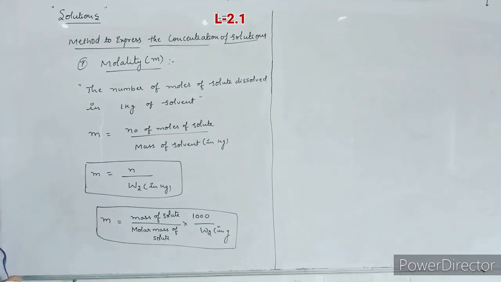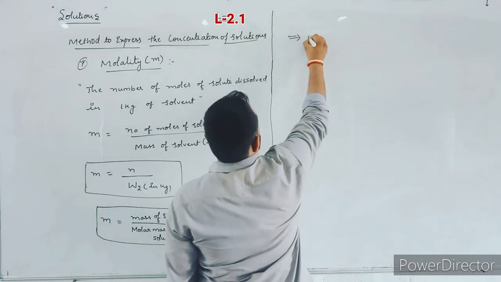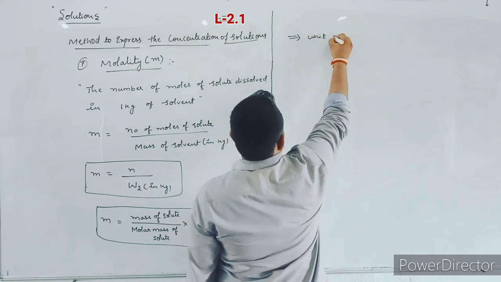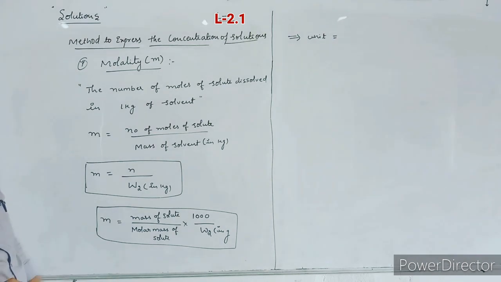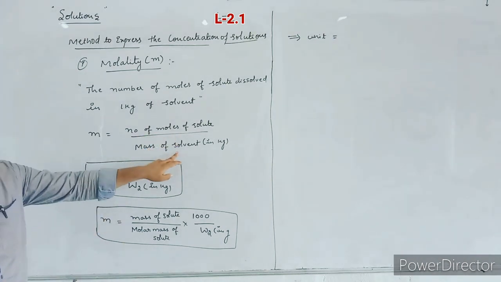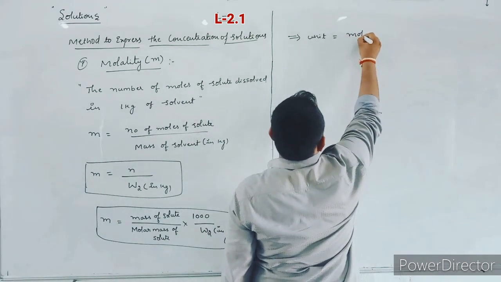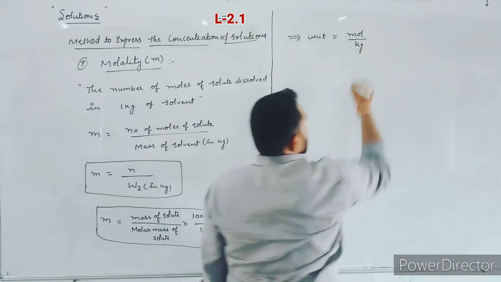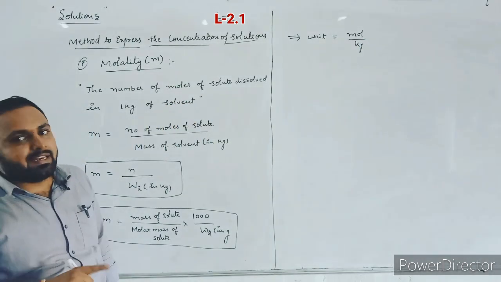Now let us discuss the unit of molality. The unit of molality is mole per kg. Why? Because the number of moles of solute is present in 1 kg of solvent. That's why the unit is mole per kg. Then what is the unit of molarity? The unit of molarity is mole per liter.